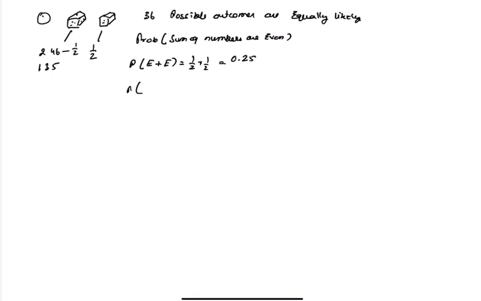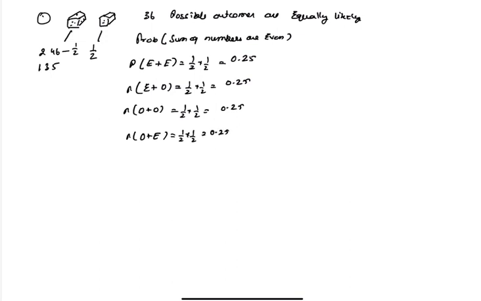The probability of even and odd is also going to be half and half, that is also 0.25. The probability of odd and odd is also going to be half and half, that is 0.25. And the probability of odd and even is going to be half and half, 0.25.